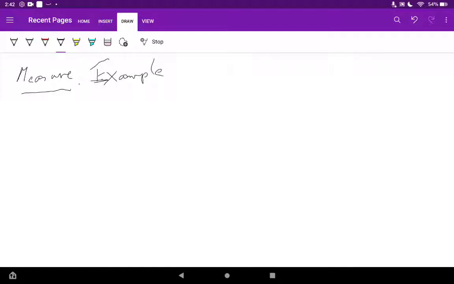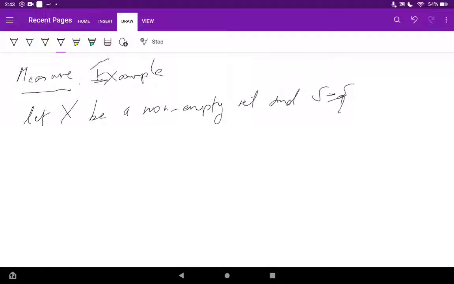Right, so let X be a non-empty set and S is equal to, equal to... this is a sigma algebra, by the way.